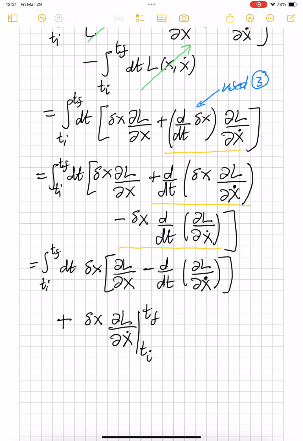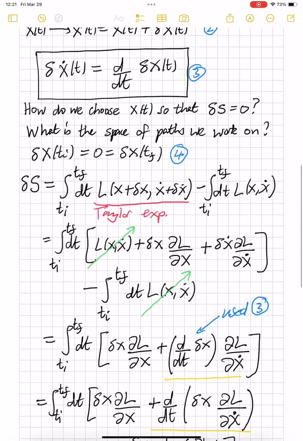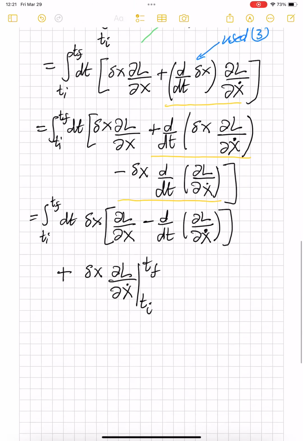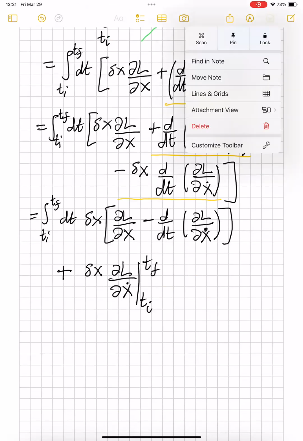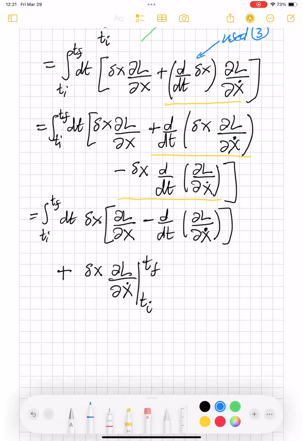Now, remember what we said. Look at equation 4. We said the variation delta x vanishes at the initial time and it vanishes at the final time. So in fact, this last term over here is equal to 0 by equation 4.